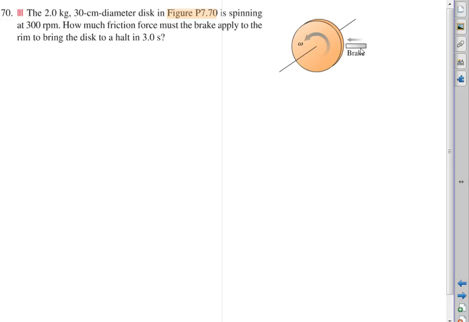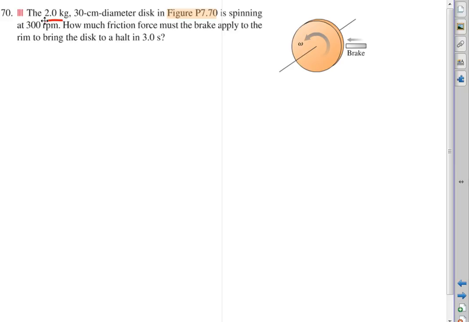When this brake hits right at that point, it would obviously apply a torque in the opposite direction, a torque pushing downward, which would then cause a negative acceleration and therefore cause that angular velocity to decrease all the way until 0. So this wheel is going round and round and round, but as that brake applies, it's going to start slowing it down, and eventually it'll come to a complete stop.